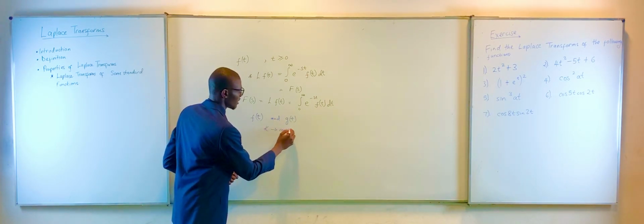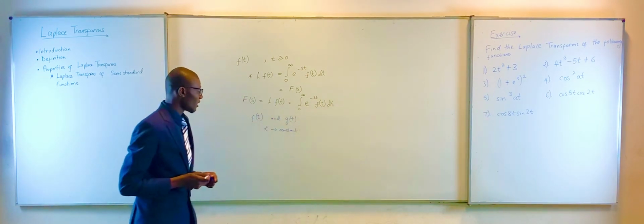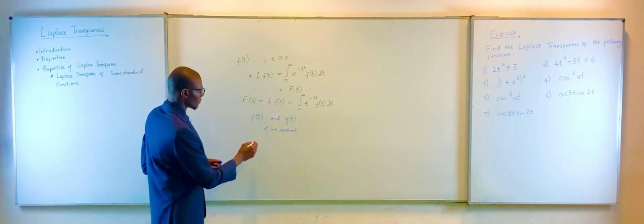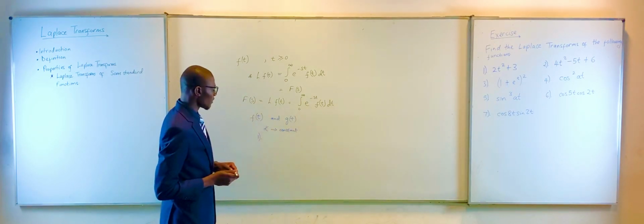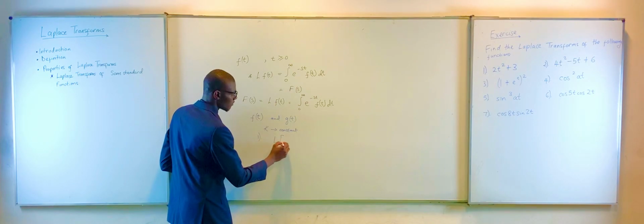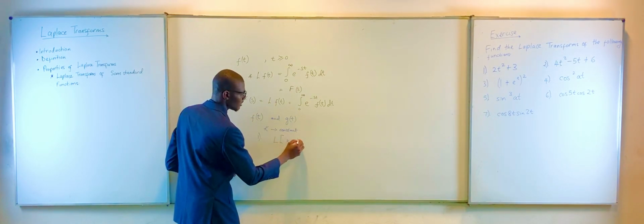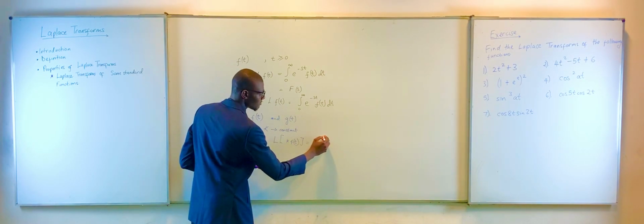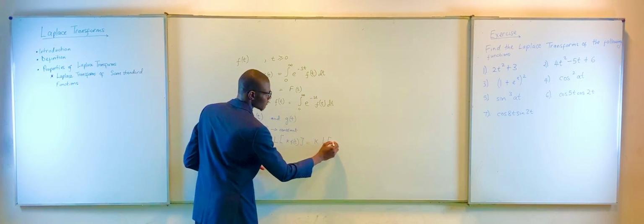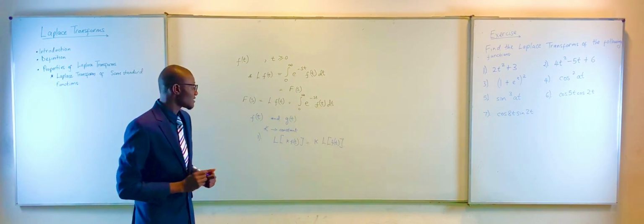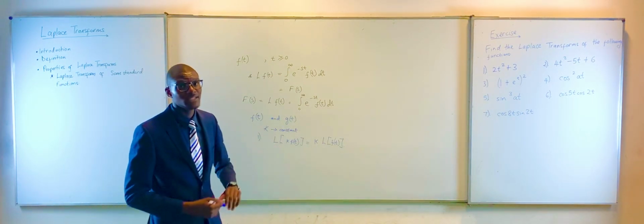The first property is that the Laplace transform of k f of t is just the same as k multiplied by the Laplace transform of f of t. So this is the first property that I would like to look at.